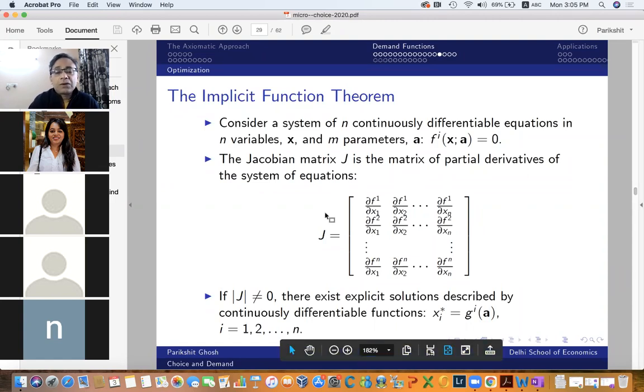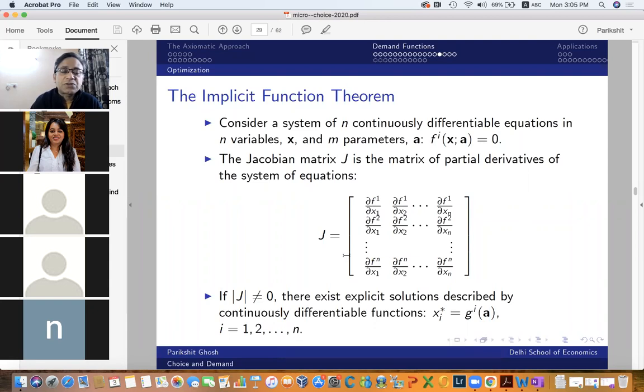Okay, now this is our system of equations. We can construct what is called a Jacobian matrix. What is the Jacobian matrix? For each function, there are n first partial derivatives. So, in my Jacobian matrix, the first row will be all the first partial derivatives of our first function in our system of equations.